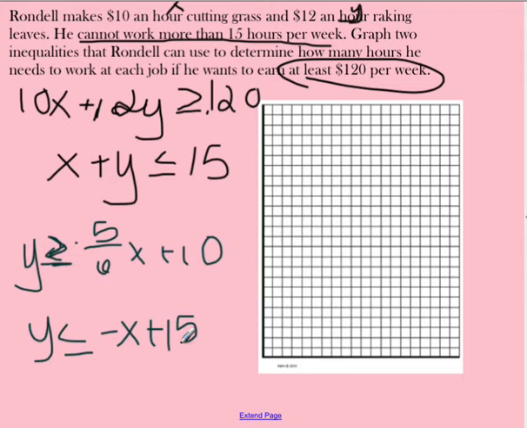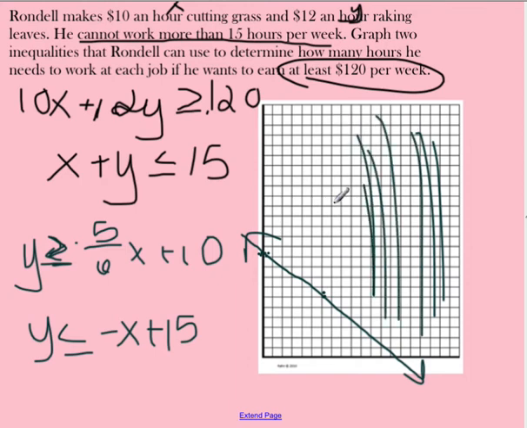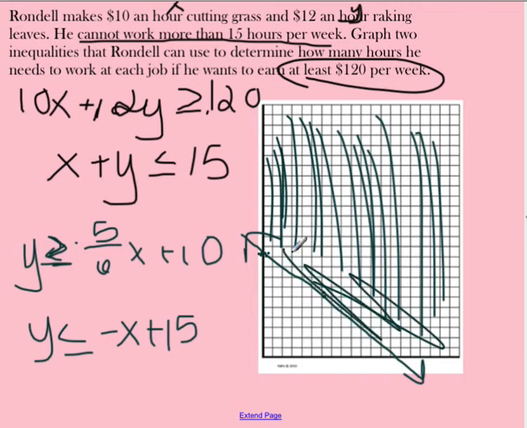So the first one, we're crossing the y-axis at 10. So we're going 1, 2, 3, 4, 5, 6, 7, 8, 9, 10. And we're plotting that point. Then we're going down 5 and over 6. And we're going to have a solid line. And for this line, we're going to shade above that because this line represents the hours we'd have to work for exactly $120.